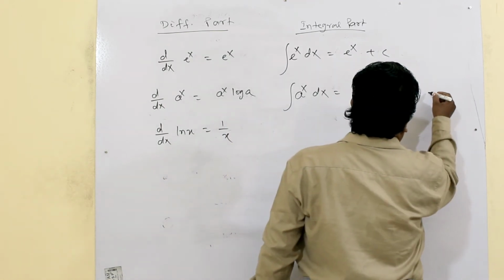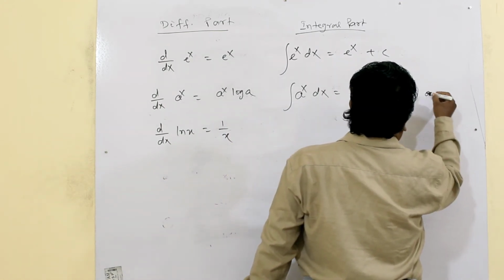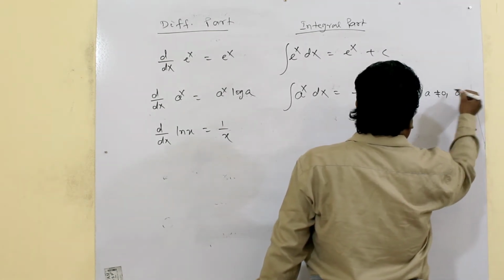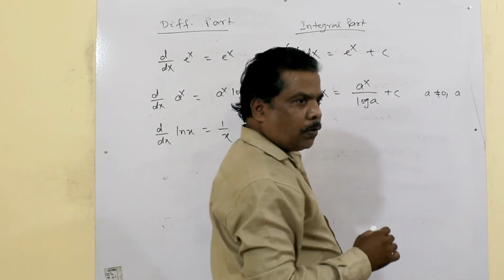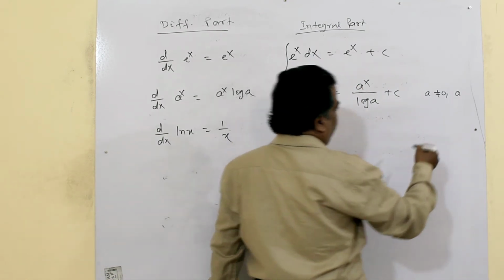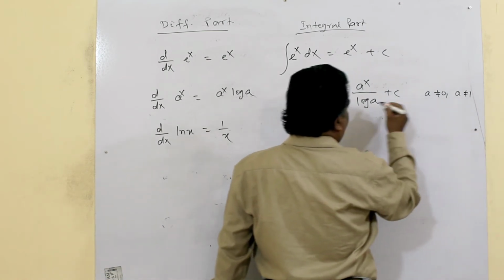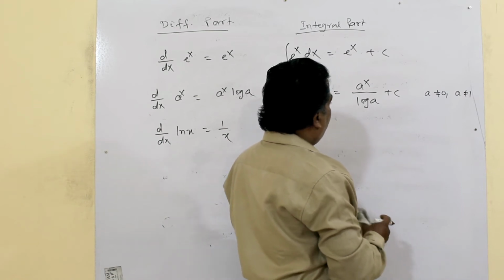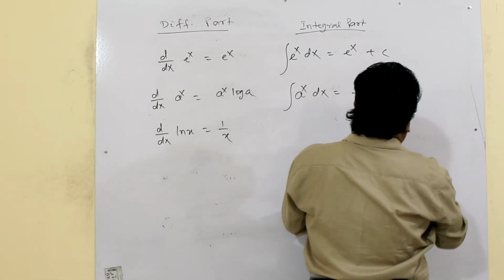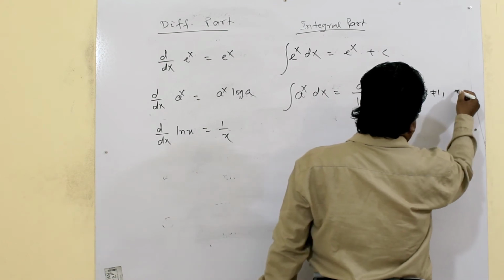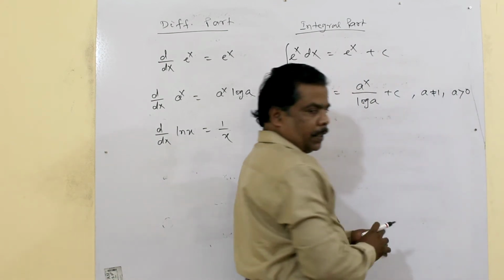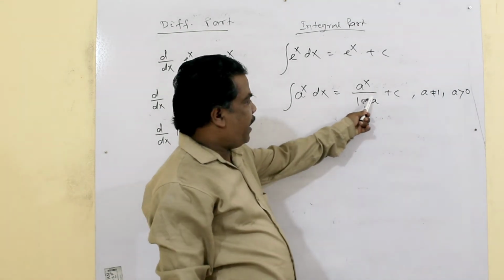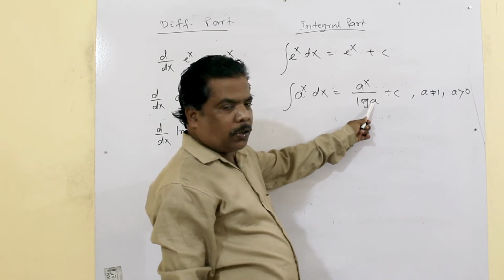That is, a is not equal to 0 and a is not equal to 1, because we know that log 1 is equal to 0.